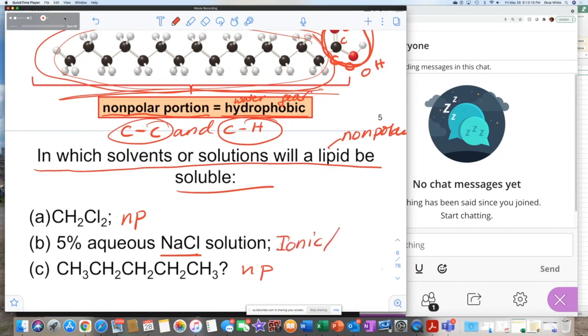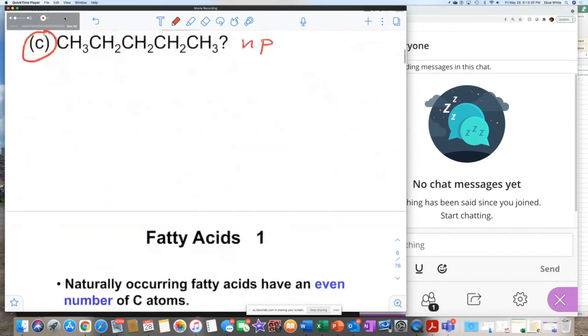Ionic is like an extreme form of polar, right? So this lipid will definitely not dissolve in anything that's aqueous, not water, but something nonpolar. So A and C work for our answers.